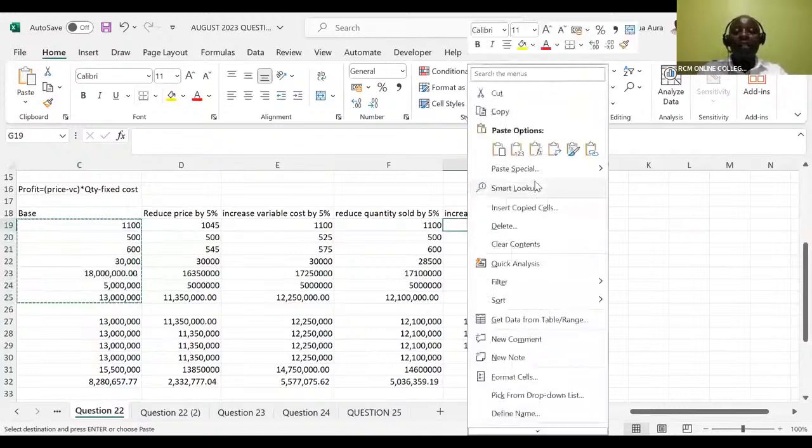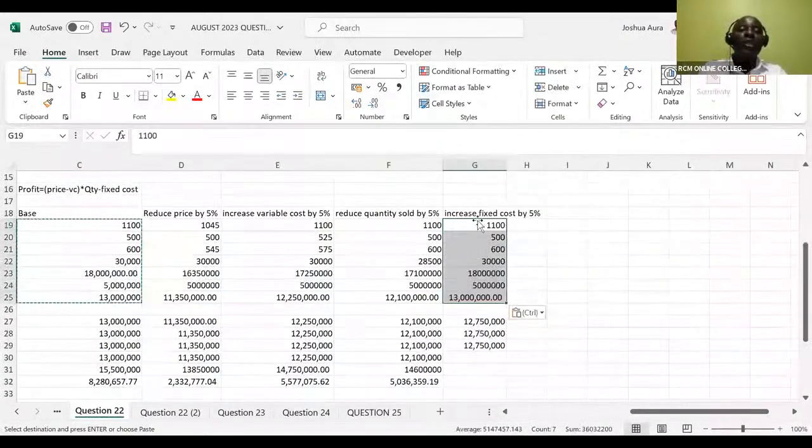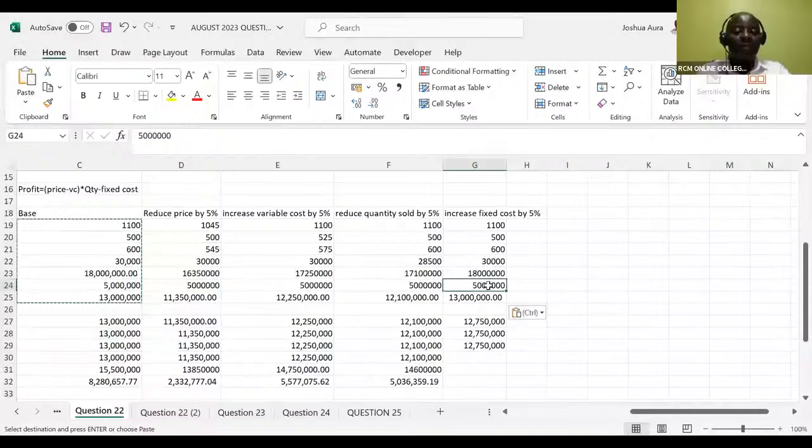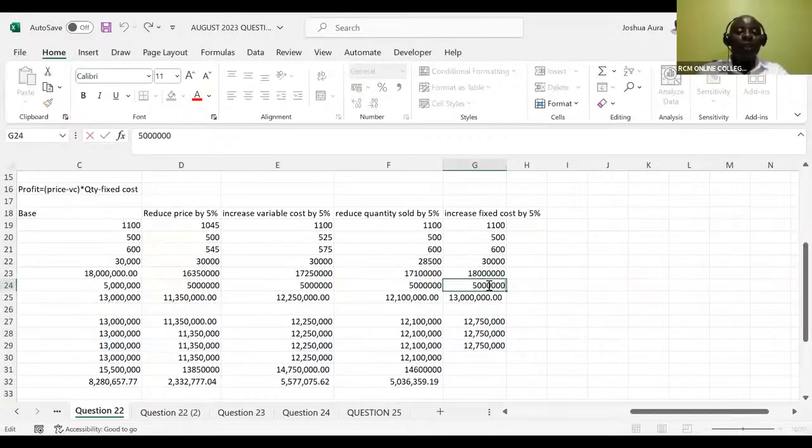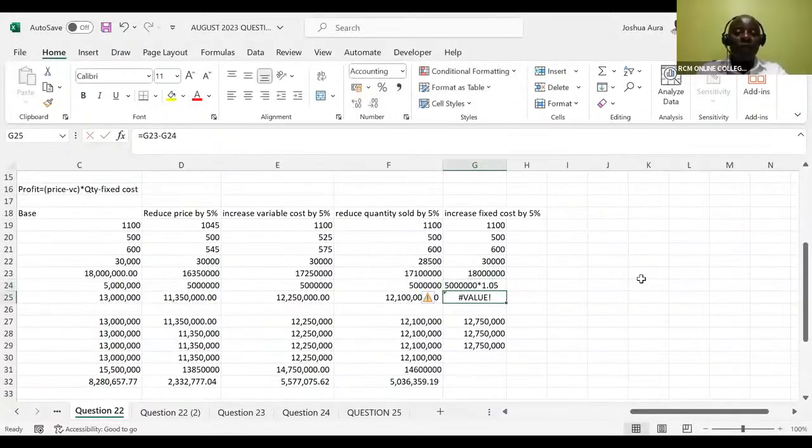Right click, this formula. Because I'm only changing fixed cost by 5%, I came to this 5 million, the fixed cost figure, and made it live by pressing F2. Then I said I'm increasing this by 5%, so times 1.05. Of course, it can't go anywhere if I don't say equals here. If I try to press enter, look at what will happen. It will just remain like that.